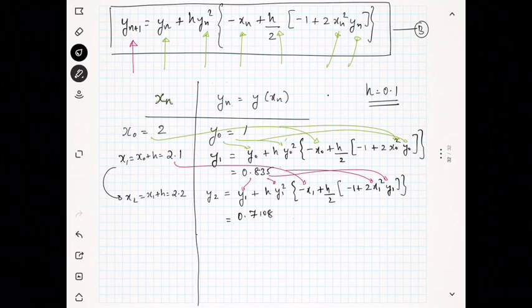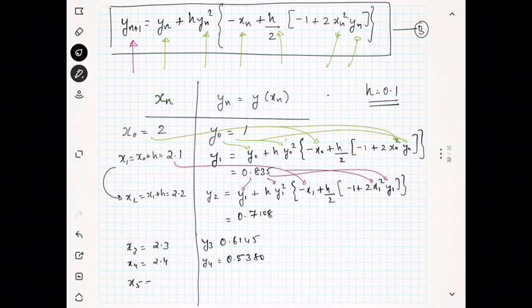Similarly, you will get x_3 as 2.3, and you will get y_3 as 0.6145. Then x_4 is equal to 2.4, and you will get y_4 as 0.5380.